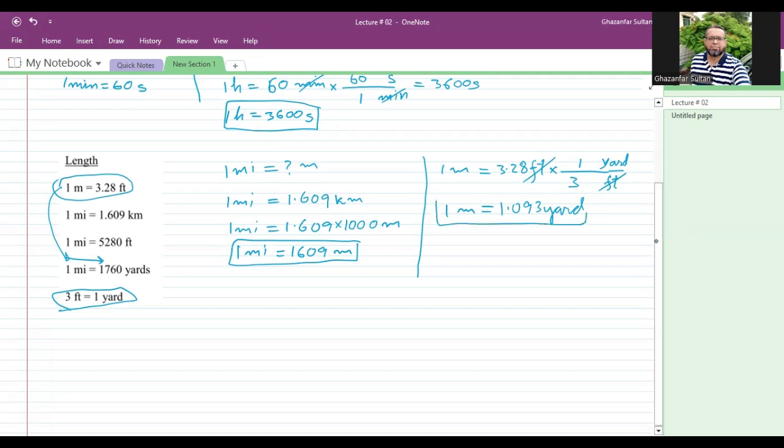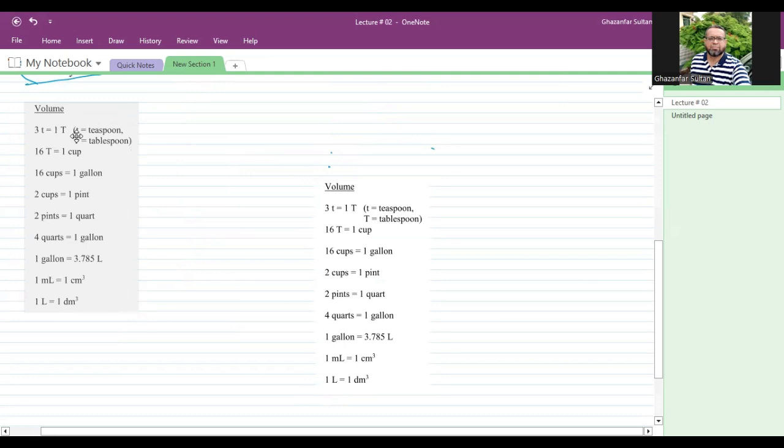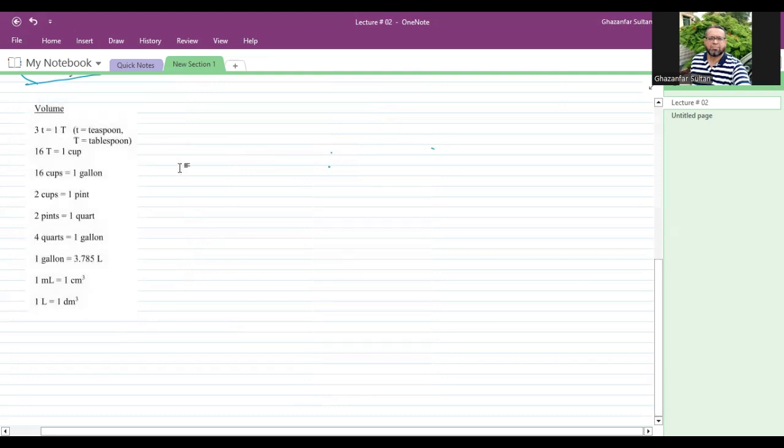So you have developed another relationship, for different units of volume. In these units, you are given tablespoon to cup, cups to gallon, and these are different units.